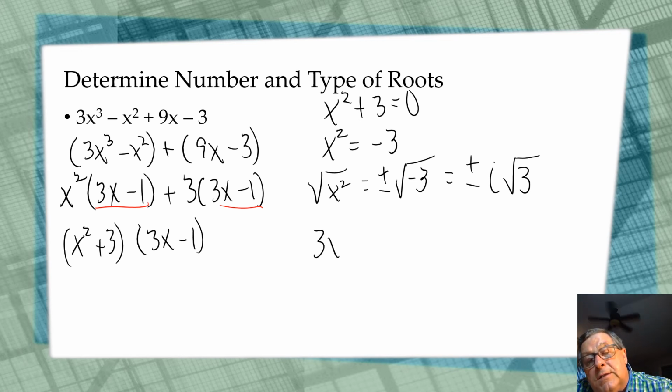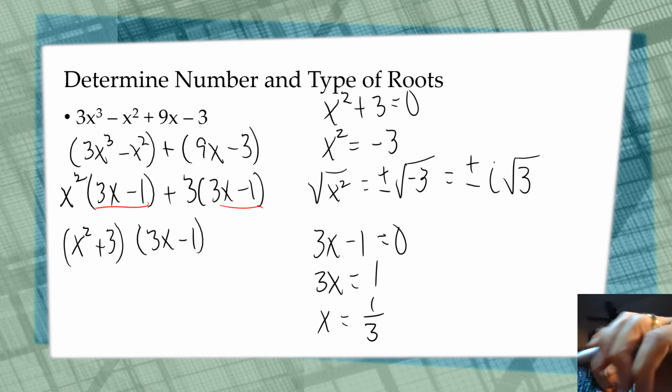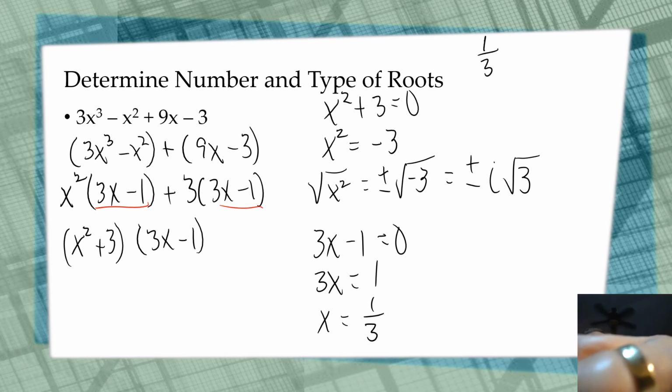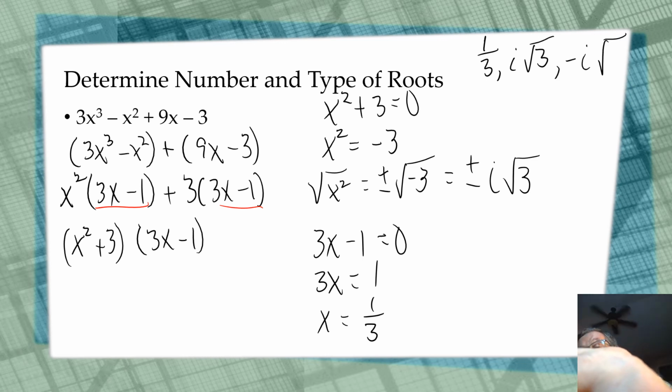So I got 3x minus 1 equals 0. Add 1 to both sides. I got 3x equals 1. Divide by 3, and x is equal to 1/3. So what are my roots? My roots are 1/3, a positive i square root of 3, and a negative i square root of 3. 3 roots, exponent to the 3rd power, real or imaginary?